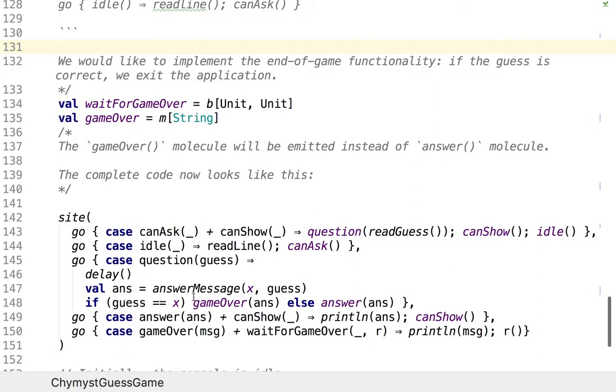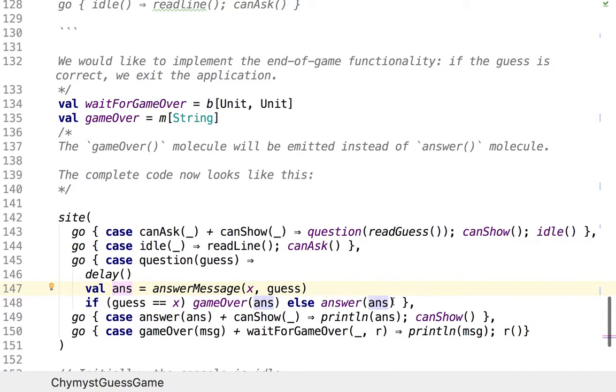I have reformatted a little bit, and this reaction that computed the answer is now doing a little more work. It computes the answer message, and if the guess is correct, it gives a game over molecule with the answer message. Otherwise, it gets the answer.